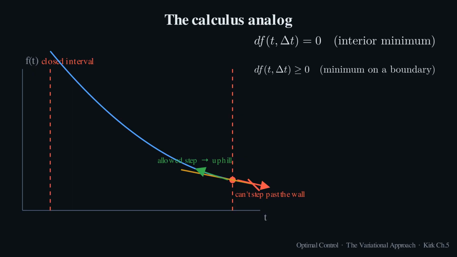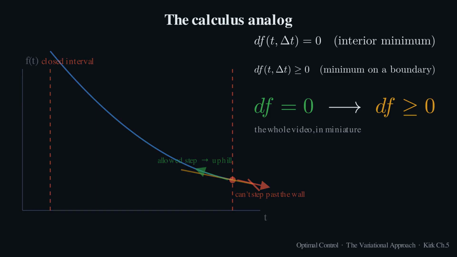All you can say is that every step you're actually allowed to take leads uphill, or stays level. f prime is greater than or equal to 0. You can't improve even though the slope isn't flat. That one weakening from equals 0 to greater than or equal to 0 is the entire idea of this video in miniature.